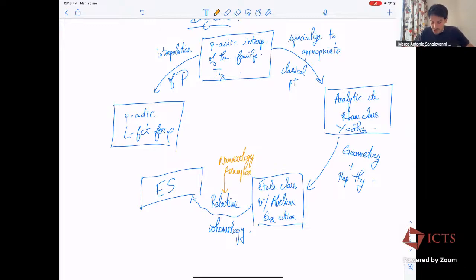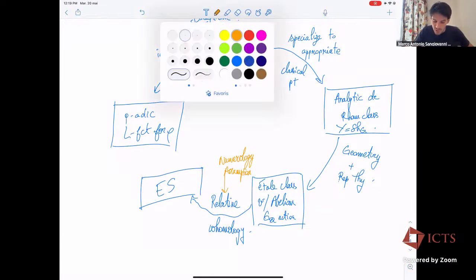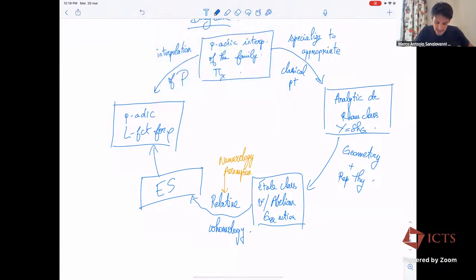Here you build a lot of extension classes, and then you patch them into an Euler system. And then the last step is p-adic Hodge theory, also known as the explicit reciprocity law part, which is a subject in and of itself.